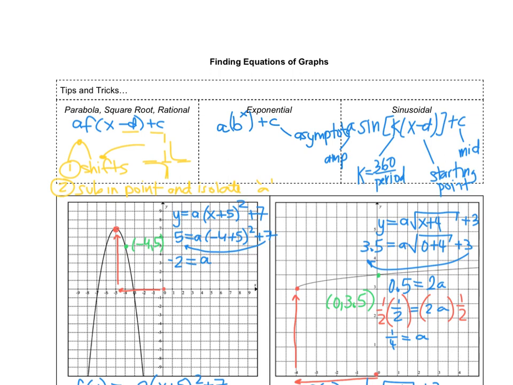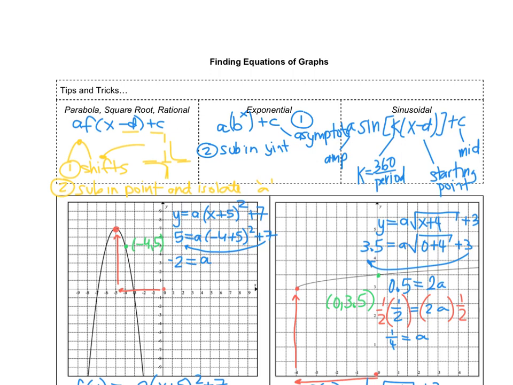With exponential, you're going to have to plug in 2 points. The first point you're going to plug in is the y-intercept. Sub in y-intercept. And when you do that, you know the y-intercept always has an x-coordinate of 0. So when I do b to the power of 0 here, anything to the power of 0 is 1. So that variable disappears, and then I can actually solve for a.